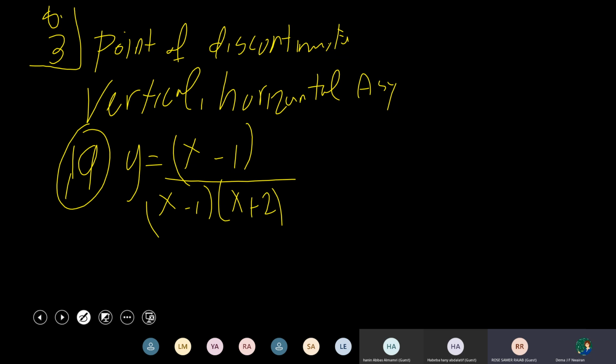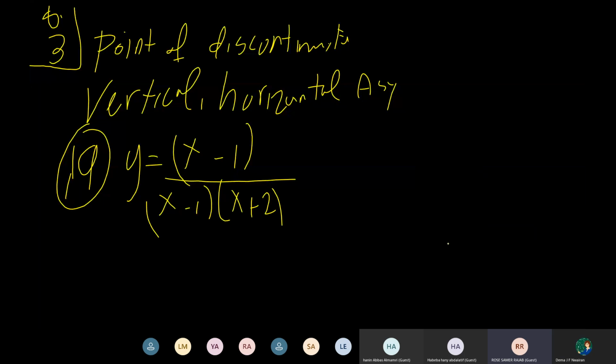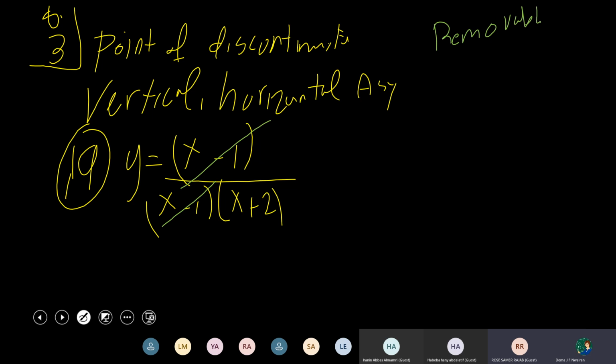Now, Rose, for this one, there is a removable discontinuity. Can you tell me why, Rose? Because x minus 1, we can remove it with x minus 1 in the numerator. Thank you. Since I can simplify, I can remove them, because of that I will name it a removable discontinuity at x equal 1.